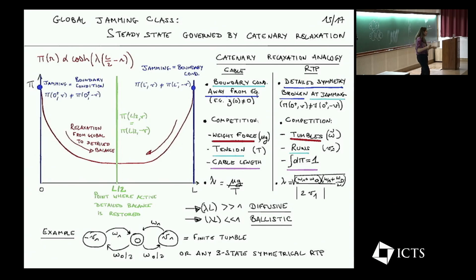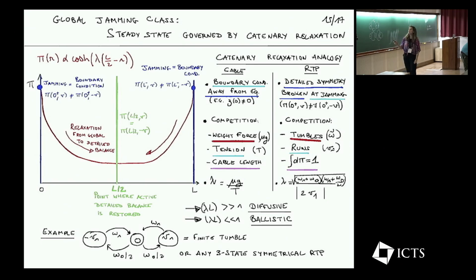I'm going to finish quickly. The rope or the probability distribution wants to relax. And then you have the competition between different effects. For the rope, it is simply the weight force that wants the rope to go to zero as fast as possible. But then you have some tension of the rope or some rope length that says, okay, we need to go to zero, but we cannot do it in an extreme manner.